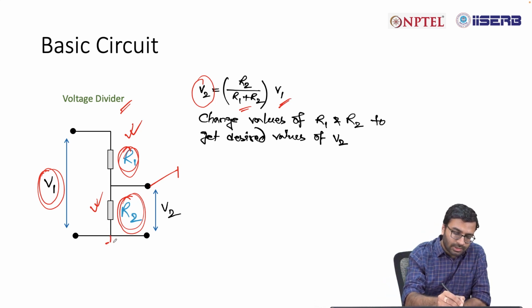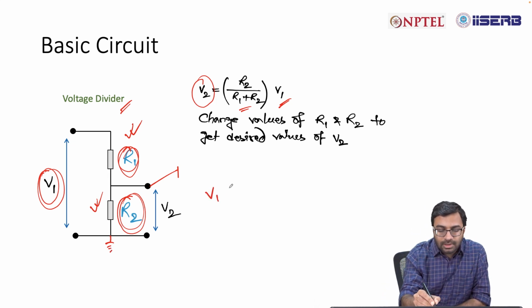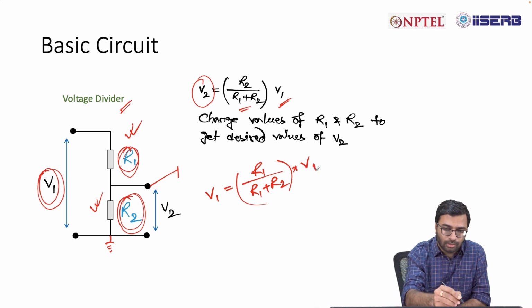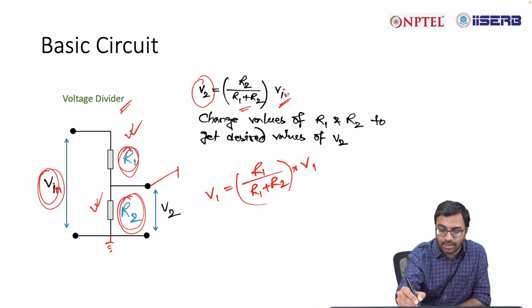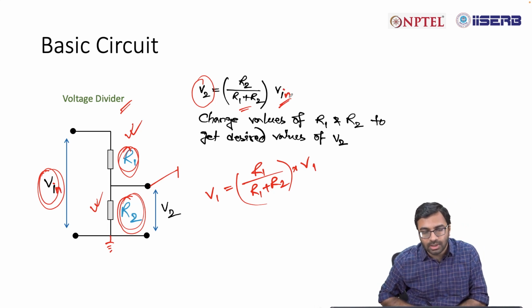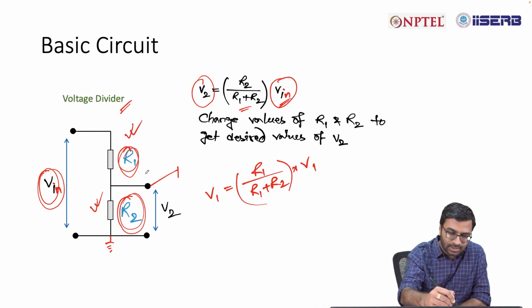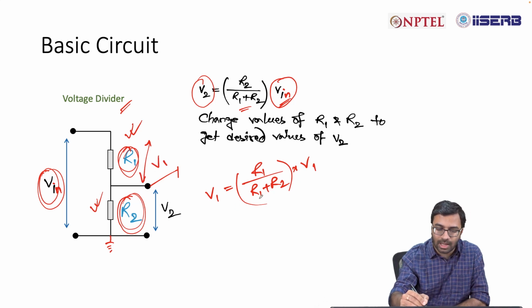So basically this is a ground, you may consider this as ground, and then your V1 is equal to R1 plus R2 into V1. So V1 meaning in this case you can consider this as V in, say input voltage. So it's like V2 is equal to R2 divided by R1 plus R2 into V in. Similarly V1, that is the voltage drop say across R1, is equal to R1 divided by R1 plus R2 into V in.